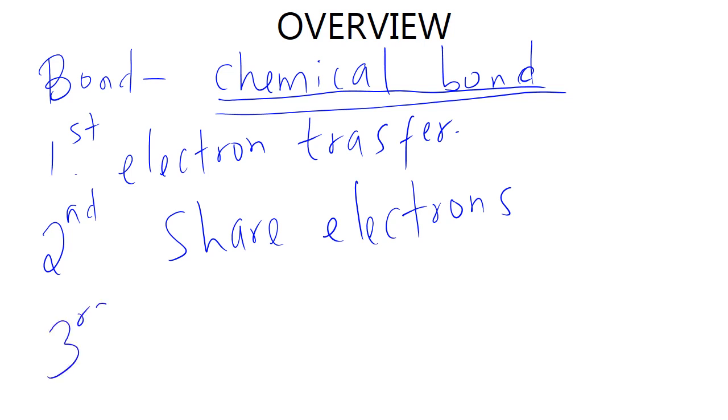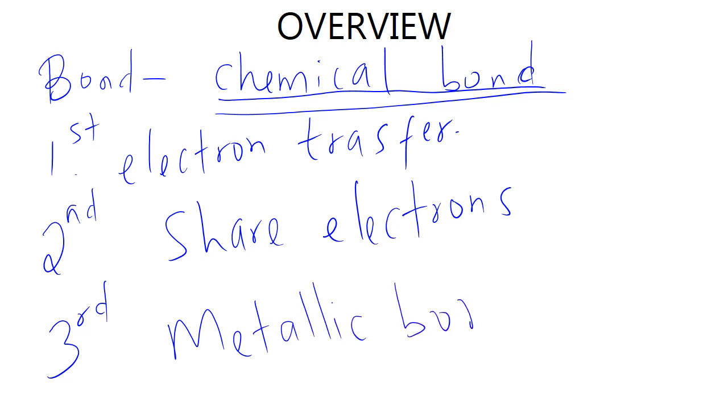Thirdly, there is a special kind of bond that occurs in metals. You can just call it a metallic bond because it is special. It doesn't really involve any transfer of electrons or sharing of electrons.